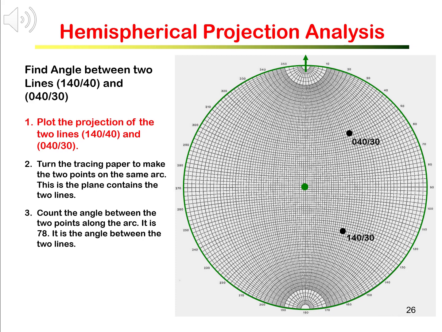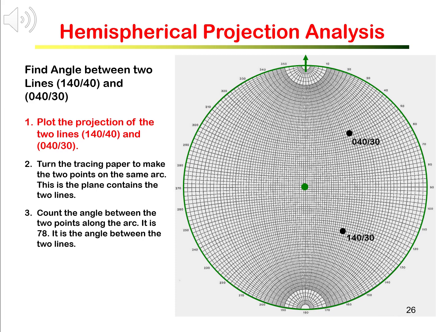Okay, we are going to do the same, but using the projection net. The two lines here have the orientation of 140 over 40 and 40 over 30.